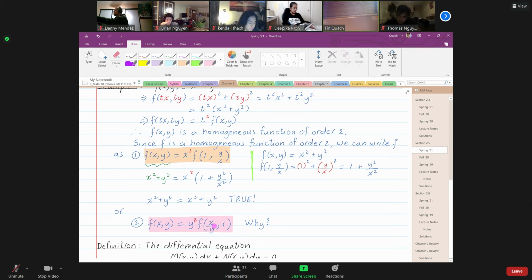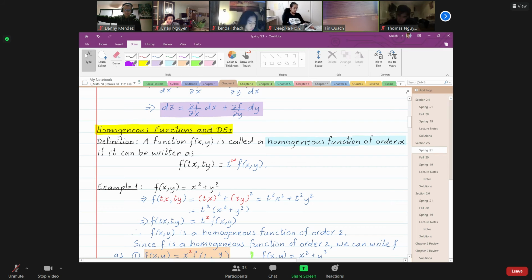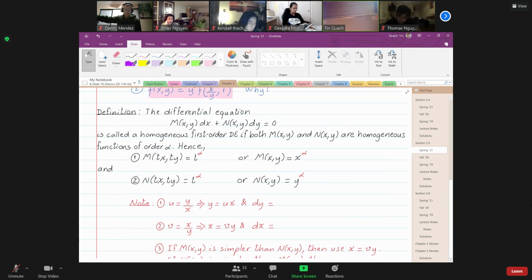Make sure you know the different terminology here. So here we just defined a homogeneous function. Now we're going to define a homogeneous differential equation. So what is a homogeneous differential equation?